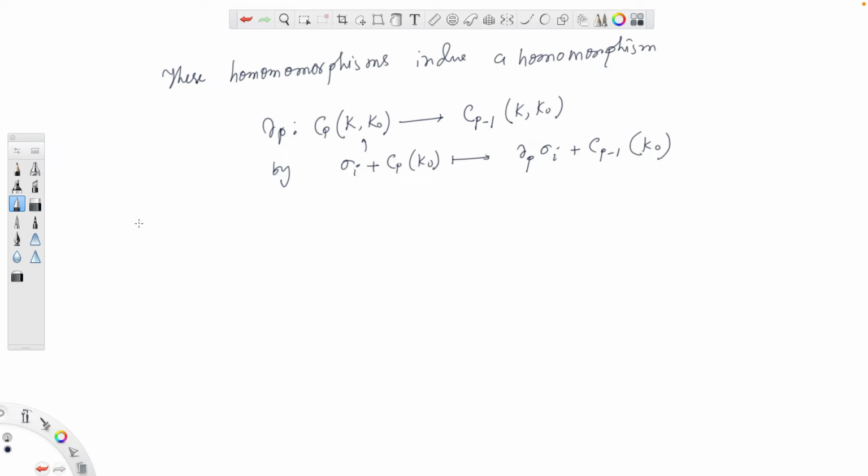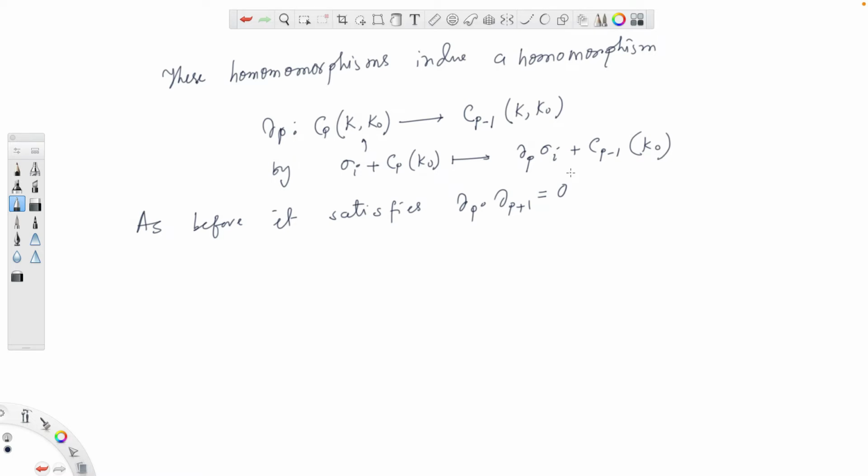I leave it as an exercise for you to check that, as before, this boundary operator for the relative chain groups satisfies del P composed with del P plus 1 is equal to 0.